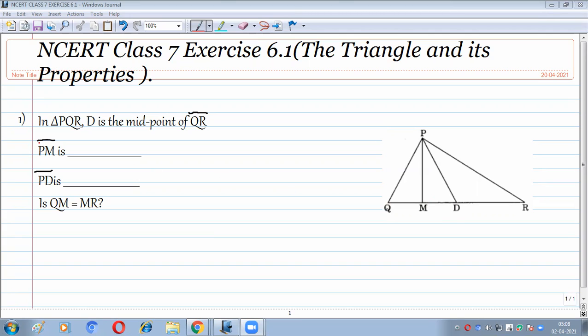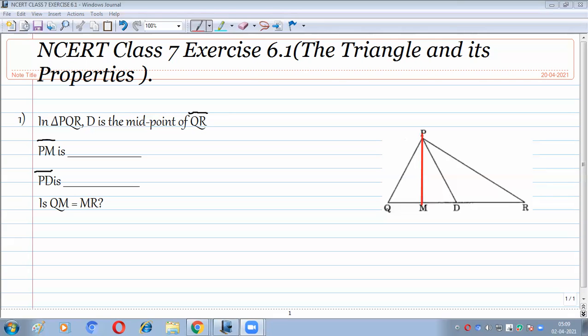So the first question is line PM. Here line PM is dash. You should know that a line which passes through a vertex and is perpendicular to the opposite side is called an altitude.